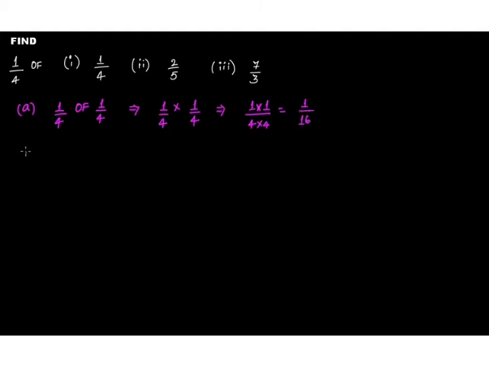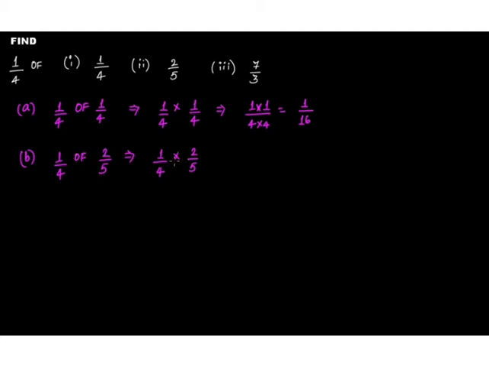Let's take the second one. The second one is 1 by 4 of 2 by 5. Again, it means multiplication, 1 by 4 times 2 by 5. It means that you have 2/5 of something, and from that 2/5 you have to take out 1/4 of that 2/5.